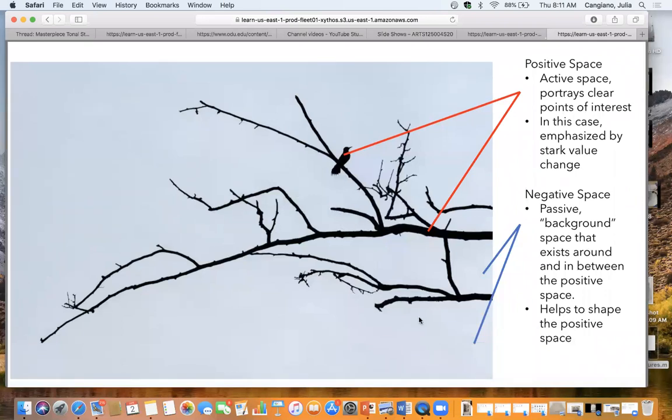So it helps to shape and carve out the active space. And you guys will notice that I may have said something similar in class when coming around and looking at your drawings, that looking at the space in between objects, measuring that space sometimes, just considering what that space is looking like can be very helpful.